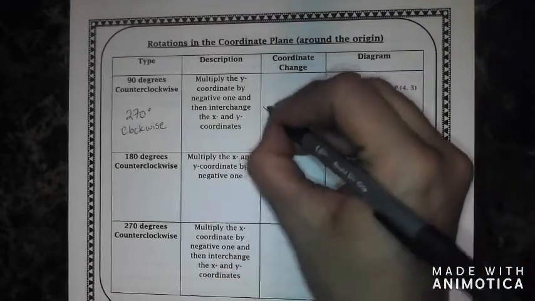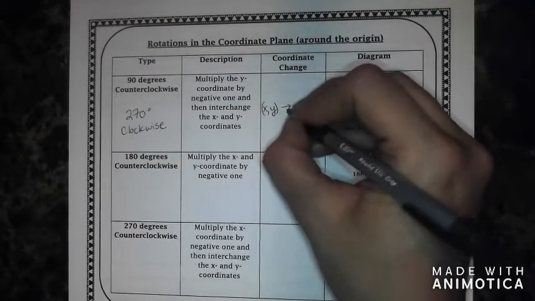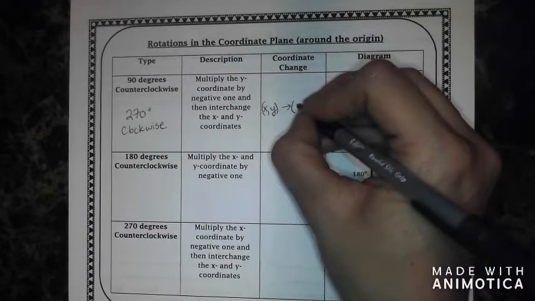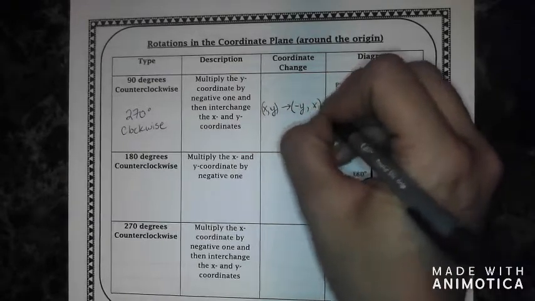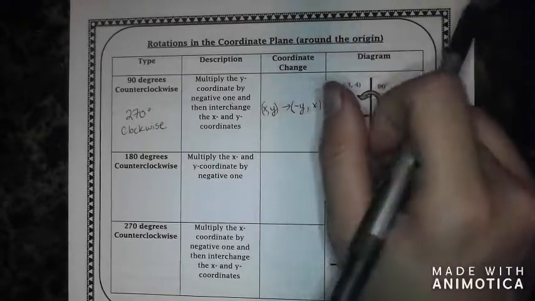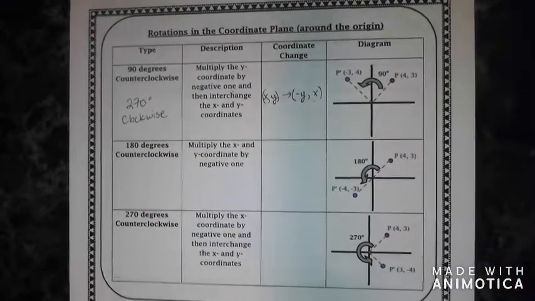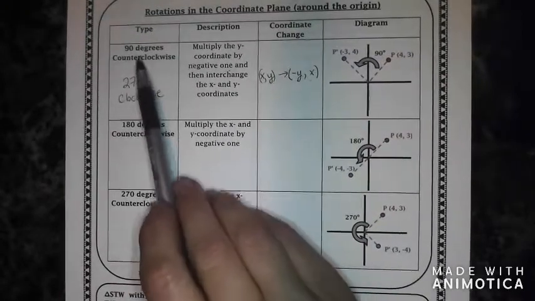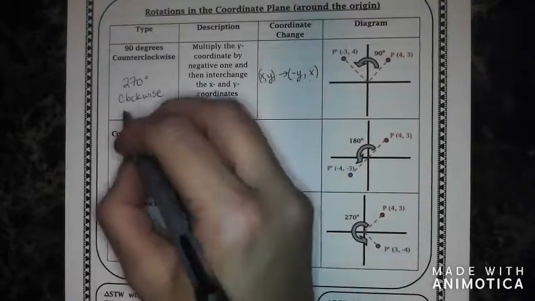So for example, you go from x, y to -y and x, because you're multiplying the y by -1 and then switching the x and the y. So that would be 90 degrees counterclockwise or 270 degrees clockwise.